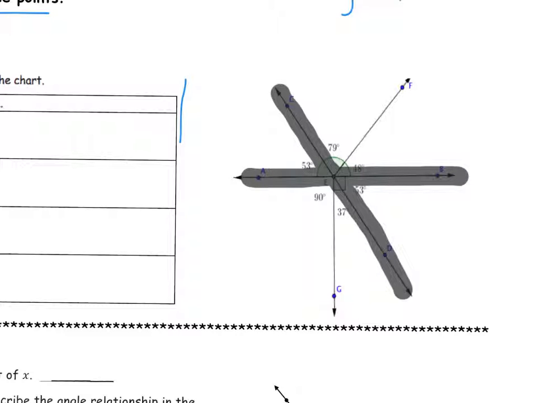So I could name this and this as one set of vertical angles. And so to name them, remember we use the endpoints. So we have A and E and C. So angle AEC is vertical and congruent.